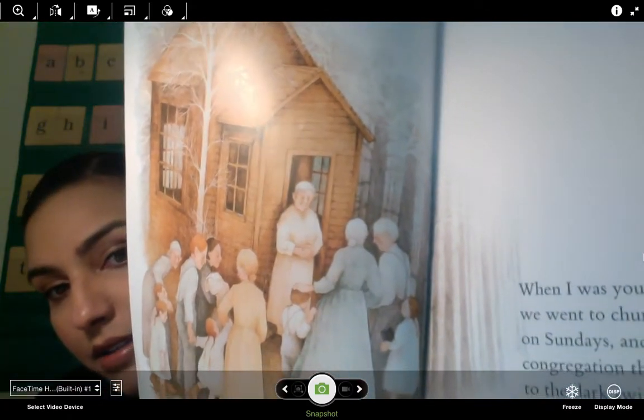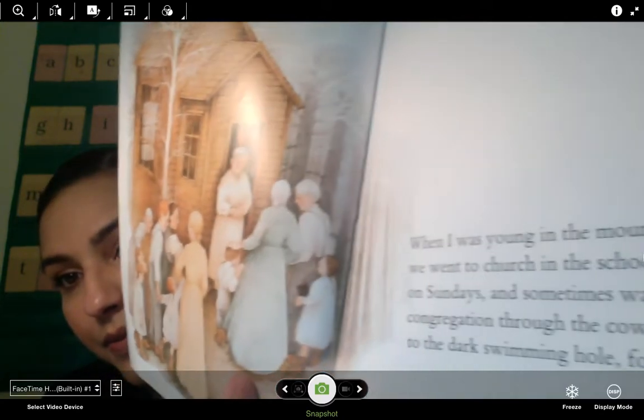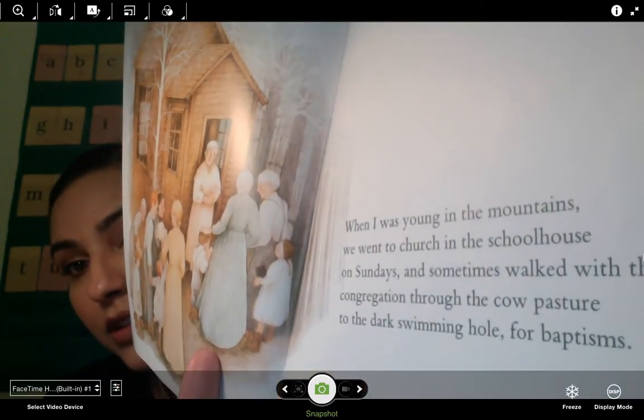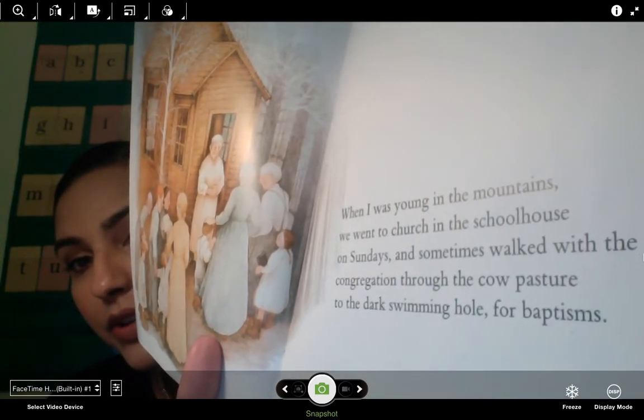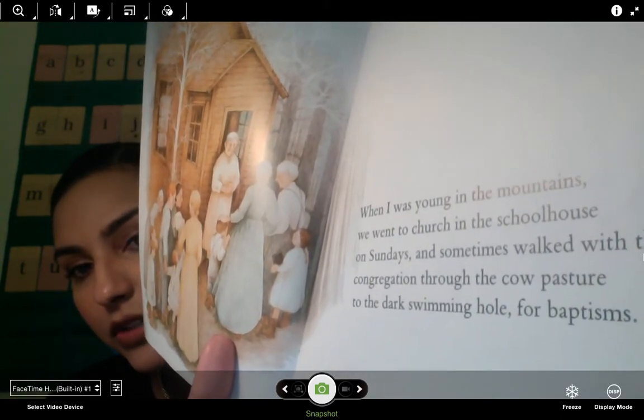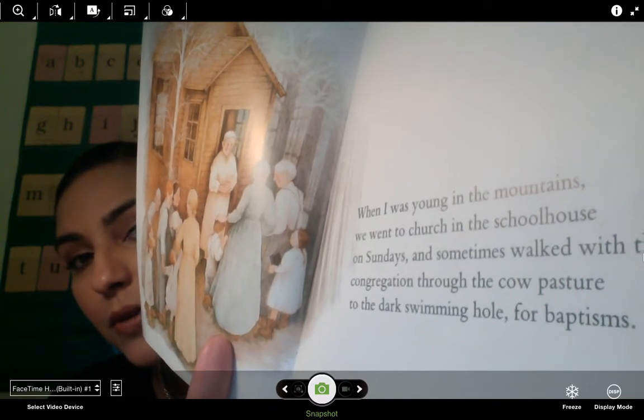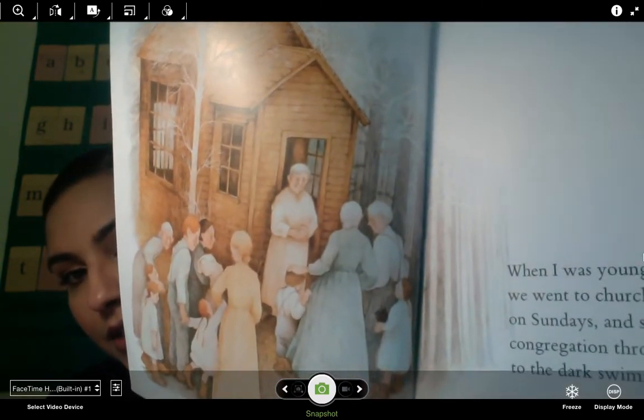When I was young and in the mountains, we went to church in the schoolhouse on Sundays and sometimes walked with the congregation through the cow pasture to the dark swimming hole for baptisms. Look at that.